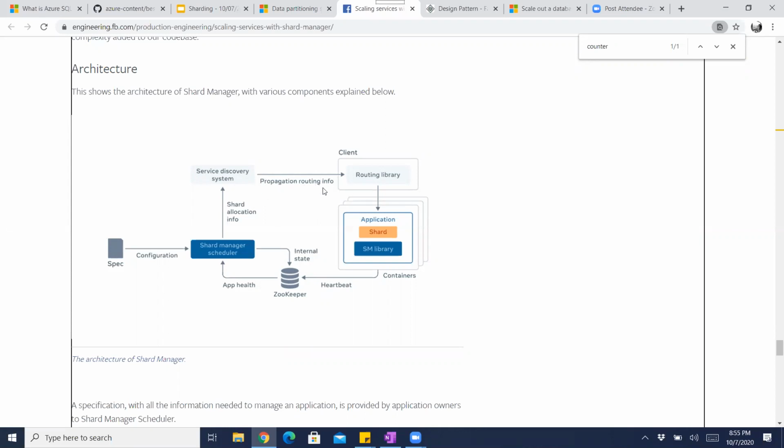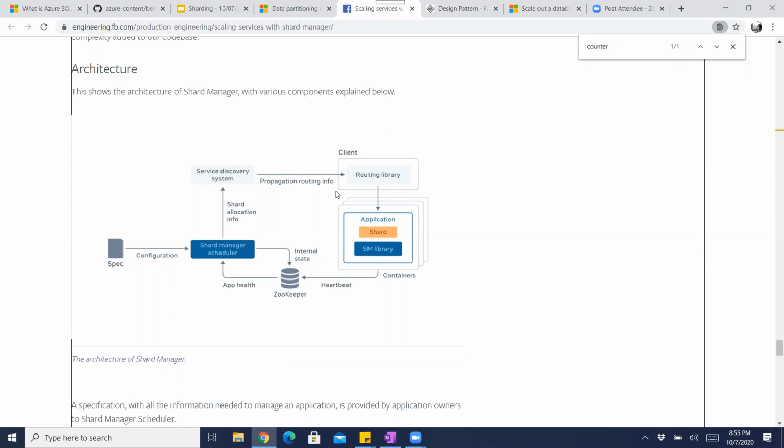In some of the implementations I have seen, the client library is the intelligent driver. Let's say in this case one of the shards for some reason goes bad, and the system, or the shard manager's scheduler-equivalent component, will know the shard is bad.